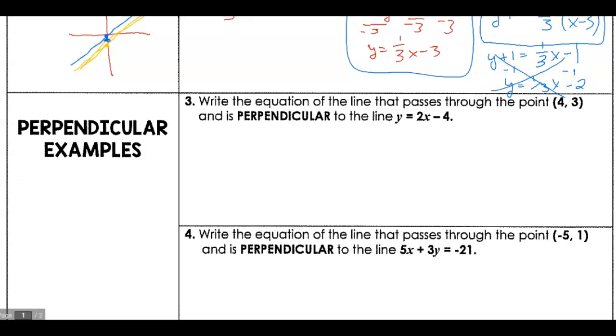So same thing, we know that we already have a slope. Our slope is, let's go back to that red that I've been using. My slope is 2. So my perpendicular, you draw an upside down T. My perpendicular slope equals -1/2.